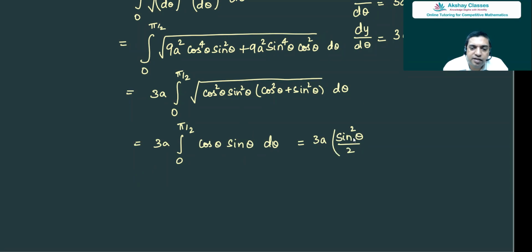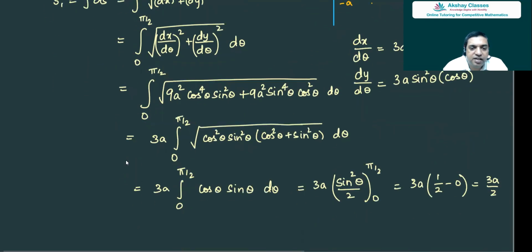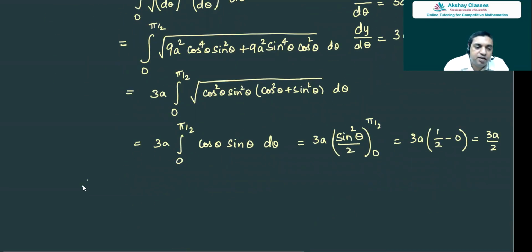Derivative will be 2 sine theta cos theta by 2. So you get sine theta cos theta, 0 to pi by 2. So we get 3a into 1 upon 2 minus 0. So 3a upon 2. This is S1, the length of the curve in the first quadrant. Therefore, S is 4 times S1, which is 4 times 3a upon 2, which is 6a.